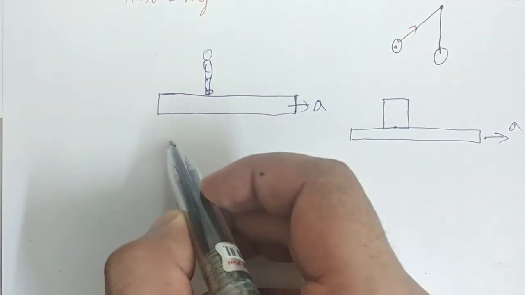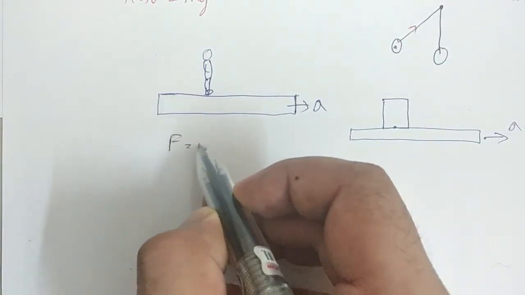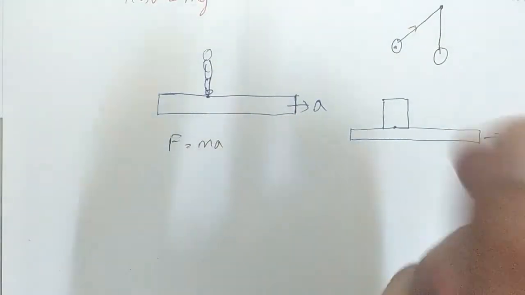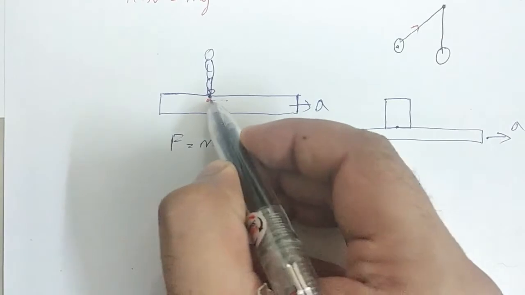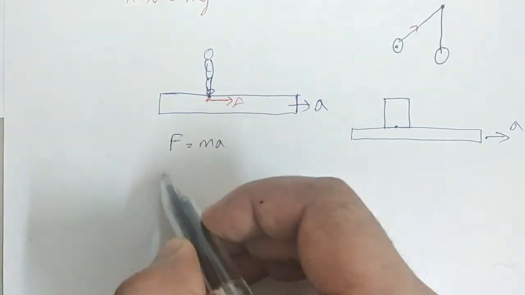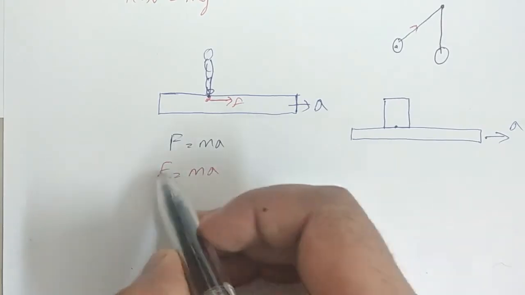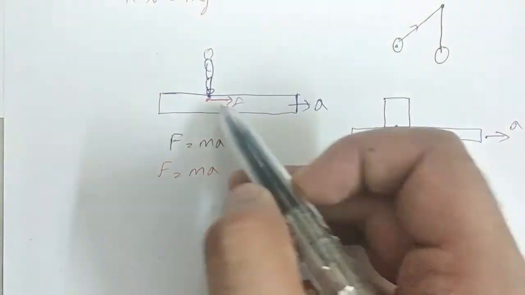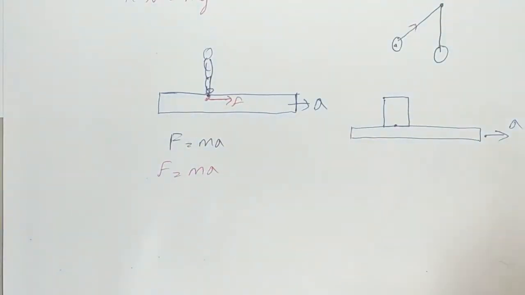And we can use the simple F equal to ma equation to explain this. There is a friction force acting at the contact surface, and this friction force is the only external force acting. F equal to ma. This frictional force is equal to ma. This frictional force is causing this body to move forward with an acceleration of a. That is easily understood.